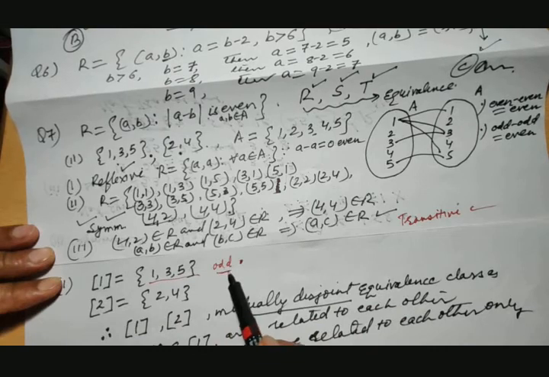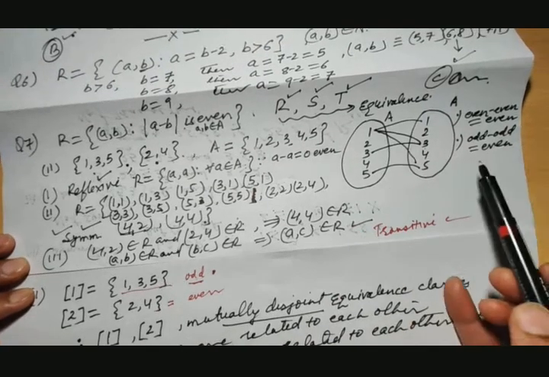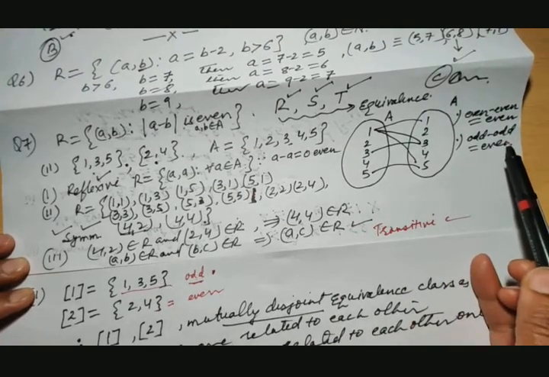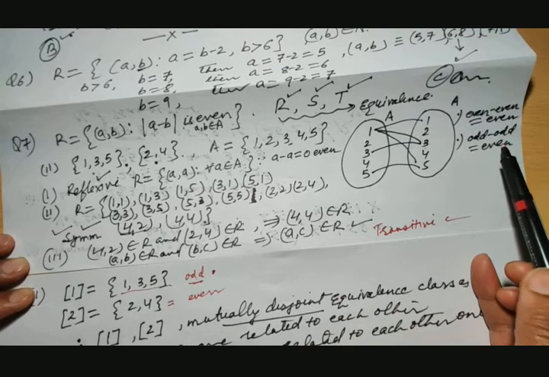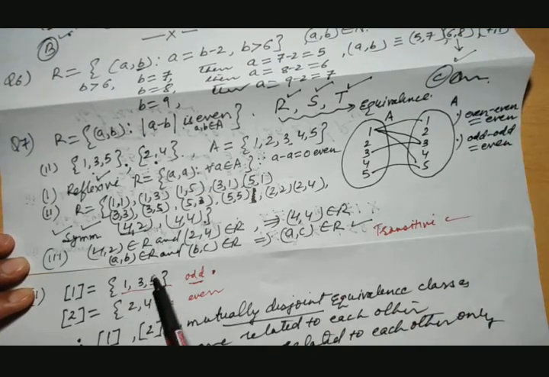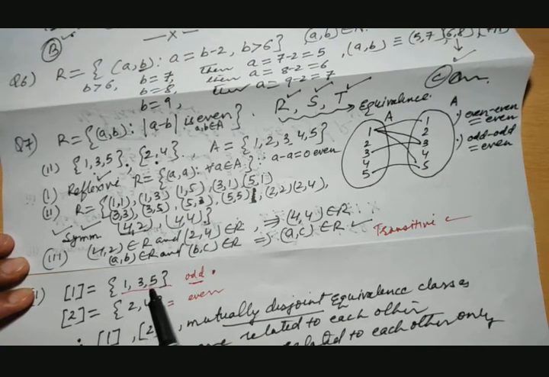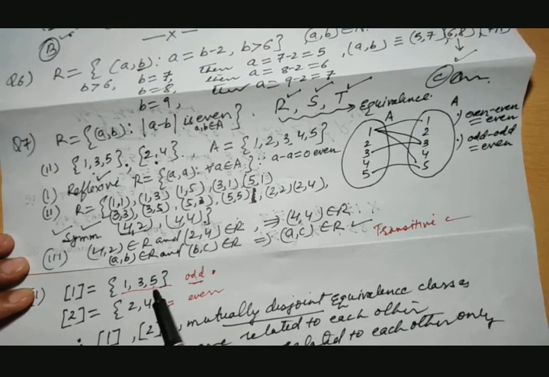These are the collection of all odd, and this is the collection of all even. As the general rule discussed here, odd with odd always gives you an even difference. So they are related with each other. They form one class where their differences, take any two of them, is an even number.